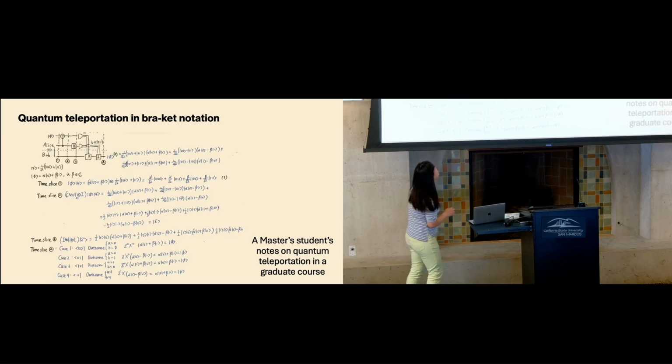But anyway, in the full calculation, if you do it in bra-ket notation, I think the reaction would be that quantum teleportation is really scary, at least when teaching high school students. In the UK, 90% of high school students have not learned matrix multiplication enough to be tested on it.